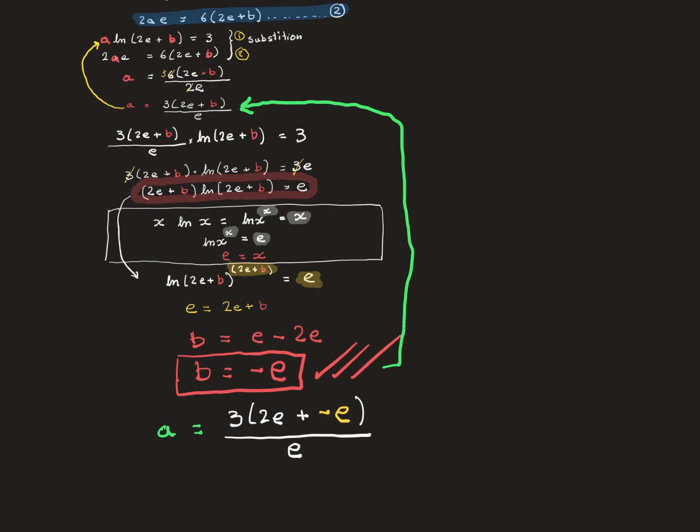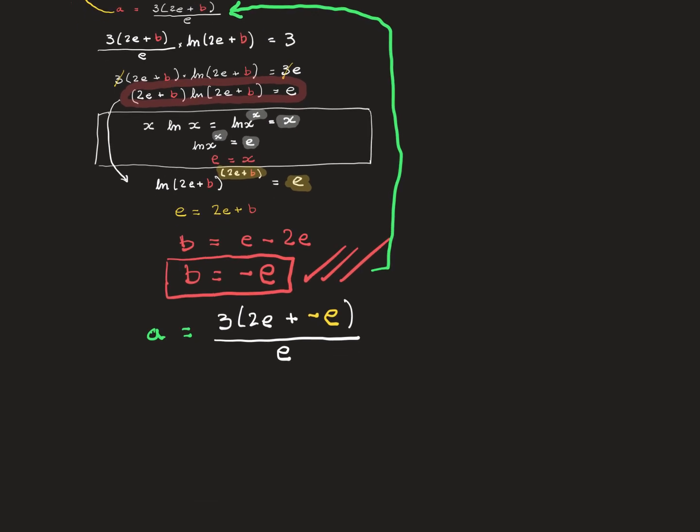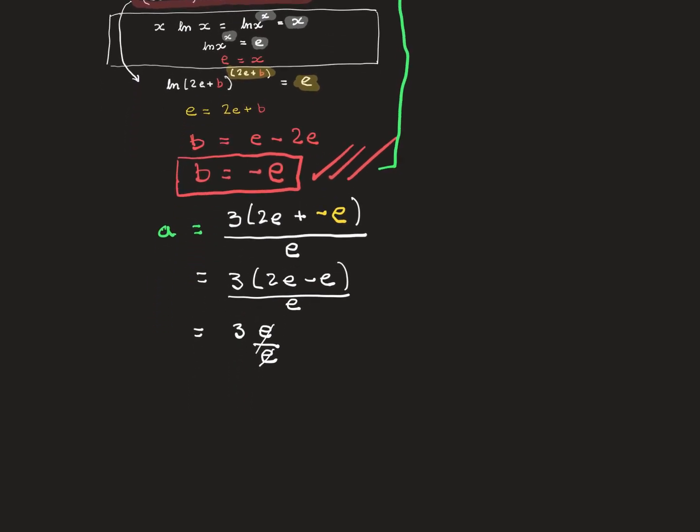Well, that could not be simpler. 2e minus e, let's just try writing it out loud just for the sake of being really, really clear. And that becomes 3. 2e take away e is e, over e cancels out, and our a is definitely equal to 3. So now you have found the two constants.